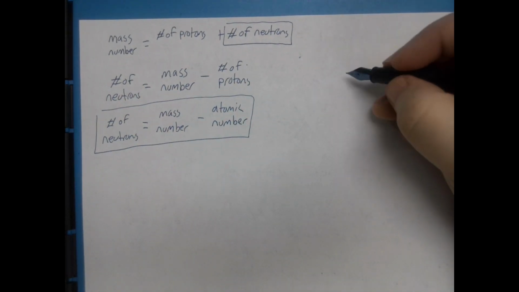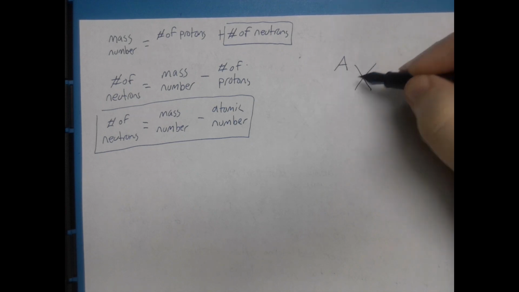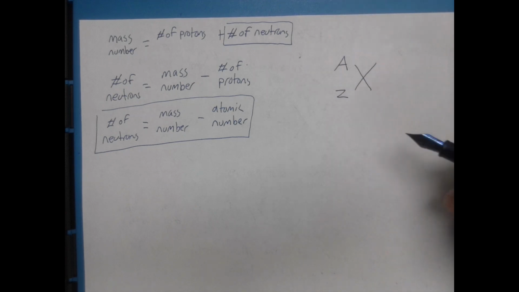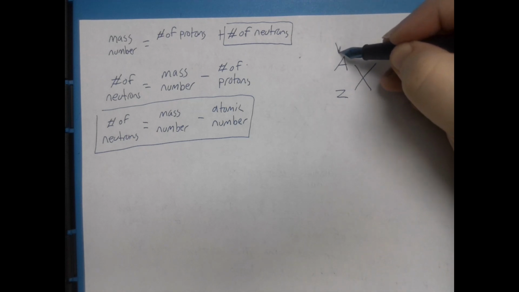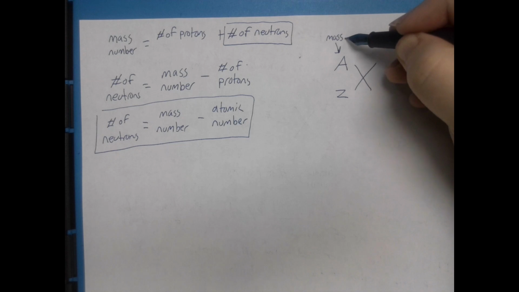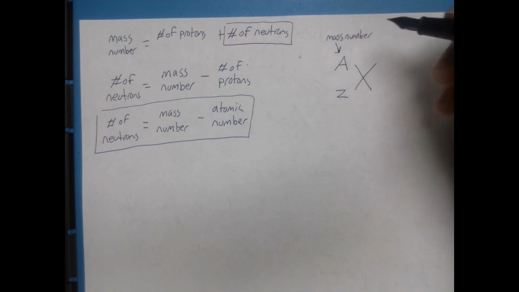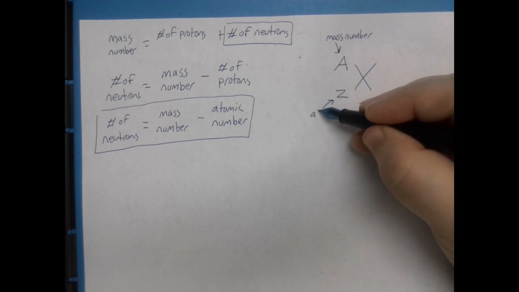If you're given it in symbol notation, A, X, Z. So this, again, is the mass number. This is the atomic number.